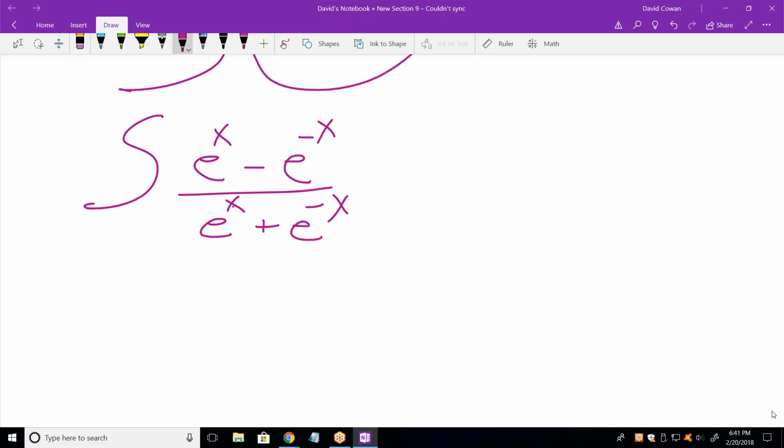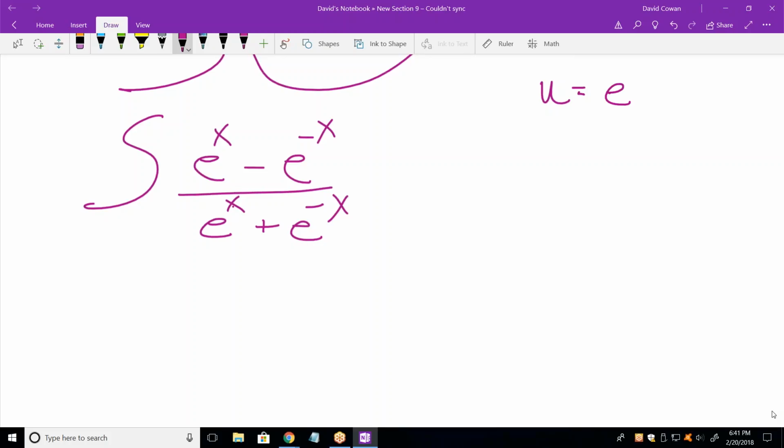Well, let's take a gander at what we would let u equal. Thinking back to my sine over cosine, what was the best thing to let u equal, the denominator or the numerator? The denominator. Right, so let's try that here.